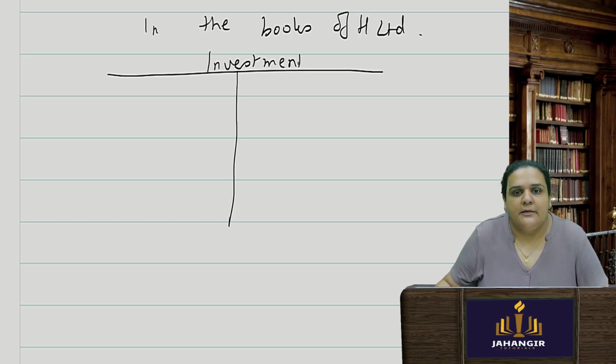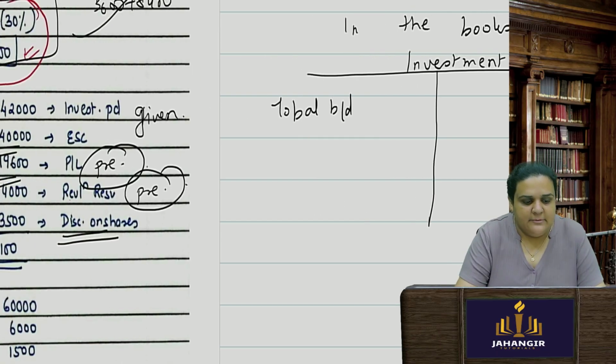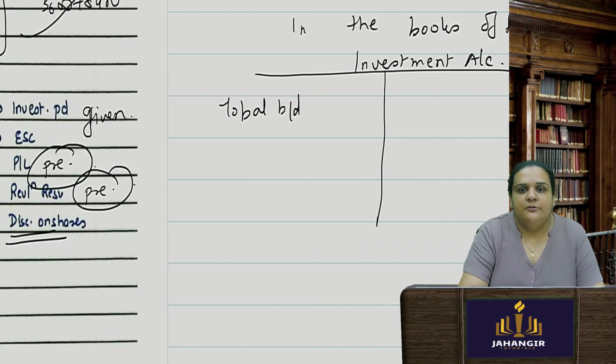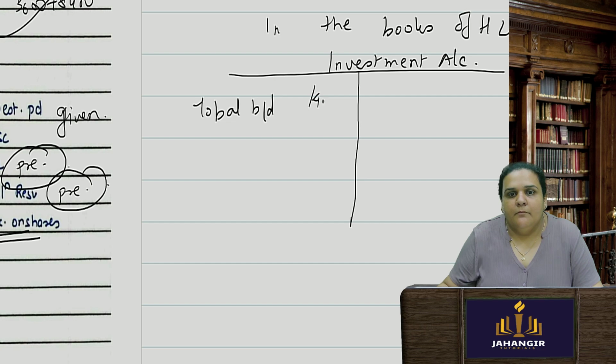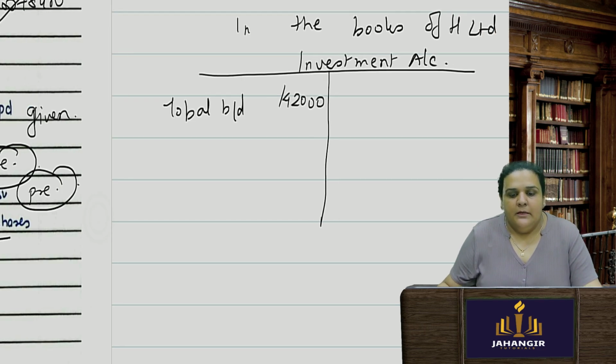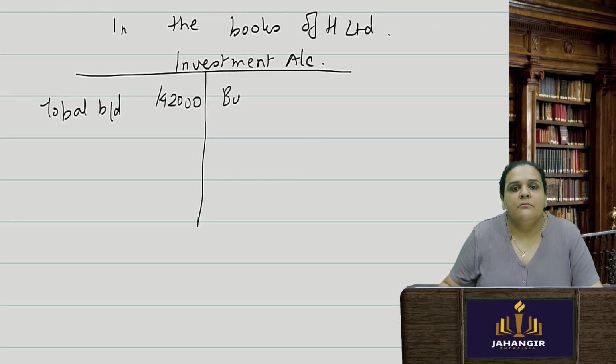So say investment account. Investment is an asset. So to balance brought down. How much is our investment cost? 1,42,000. Now, what I got by the net asset method? Equity share capital.